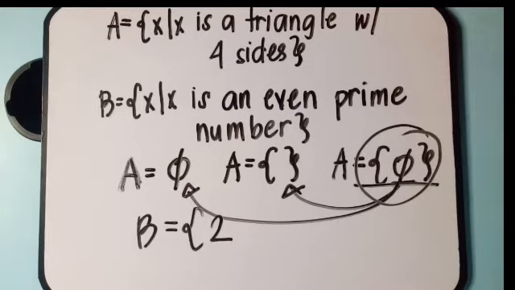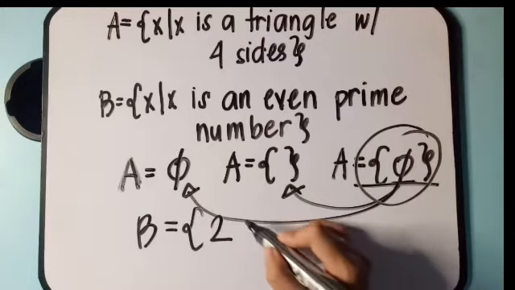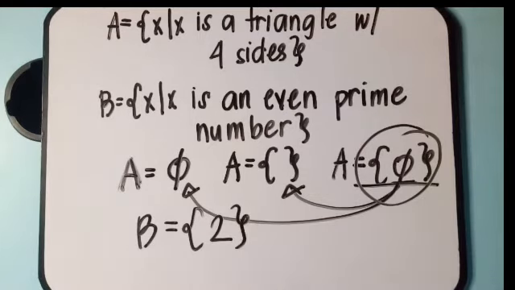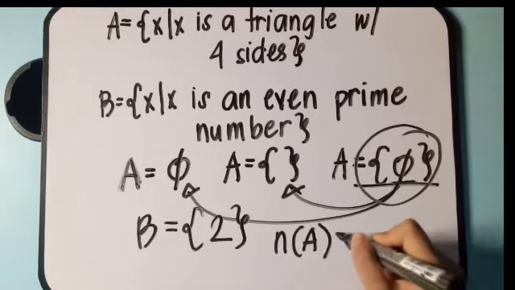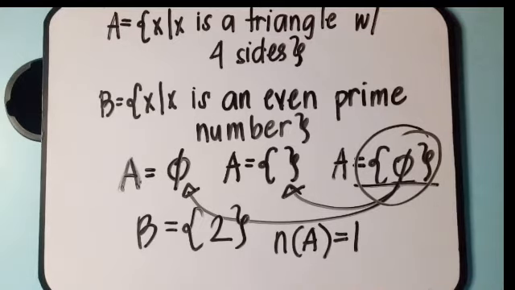Meron pa bang even na prime number? Wala na. Therefore, set B is a unit or singleton set, which means the cardinality is 1. Isa lang po yung element na meron doon sa set B, which is 2 lang. Kaya tinawag siyang unit set or singleton set. Okay?